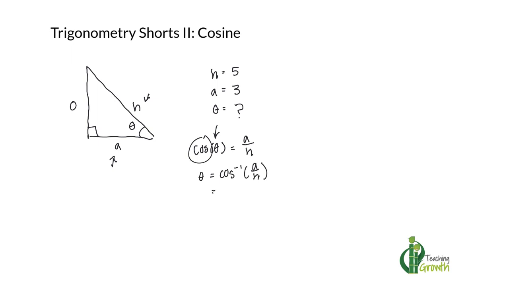I'm going to give you some time to plug this into the calculator as I do it. This will be 3 over 5, and the correct answer should be 53.1 degrees.